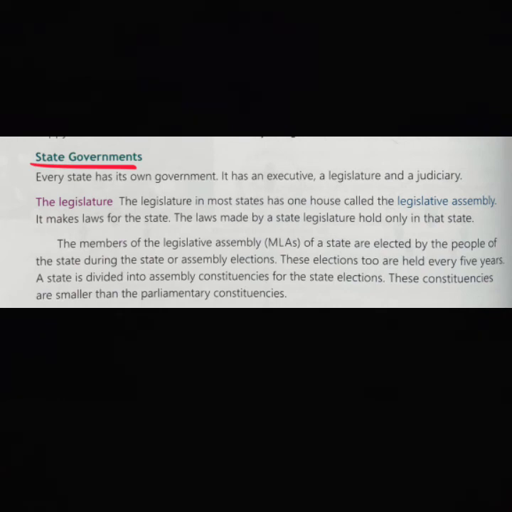Now, the state governments. Every state has its own government. It has an executive, a legislature, and a judiciary. The legislature. The legislature in most states has one house called the Legislative Assembly. It makes laws for the state only. The laws made by a state legislature hold only in that particular state.